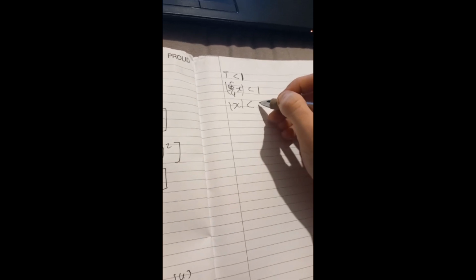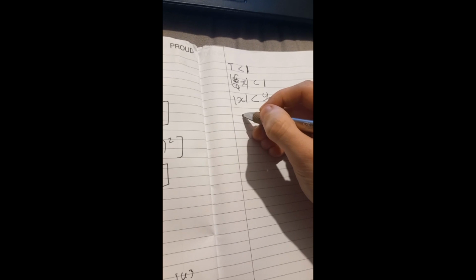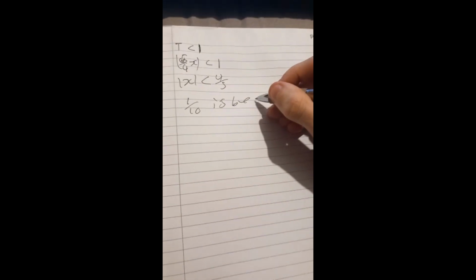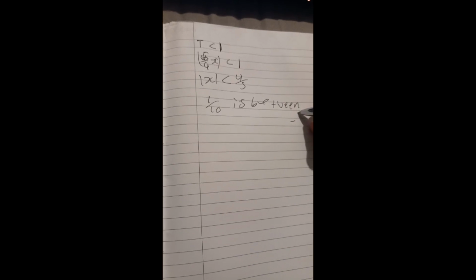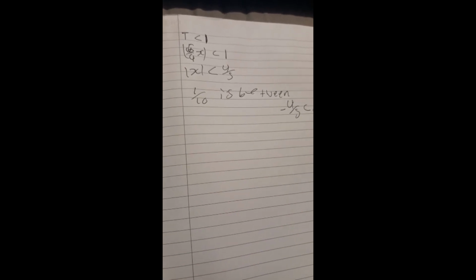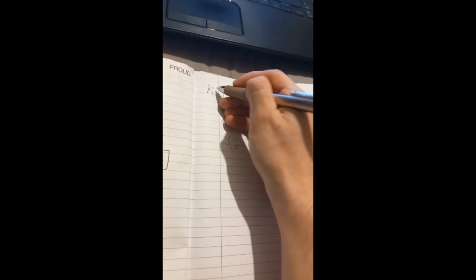It's got to be 4 over 5, and because 1 over 10 is between, because it's the mod, so you do both. I'm not explaining this very well, am I? Because it's between both of them is valid. So that's that. I'll do the next question now.